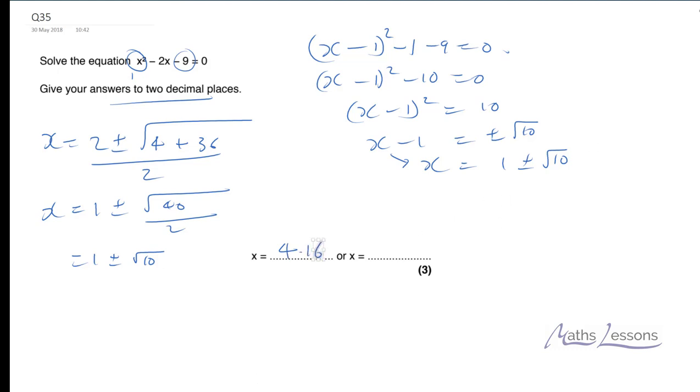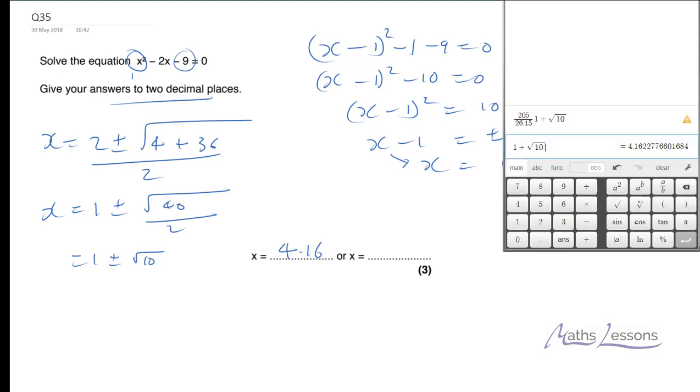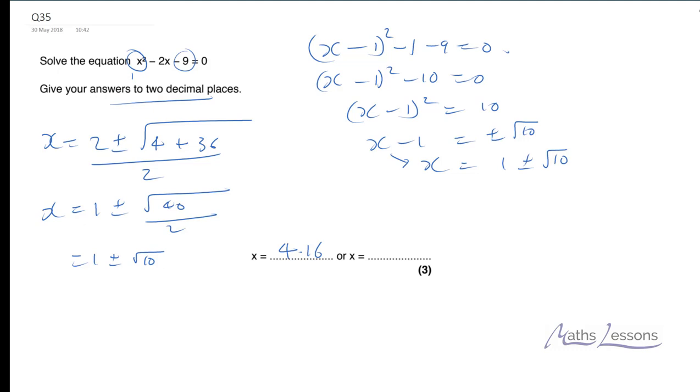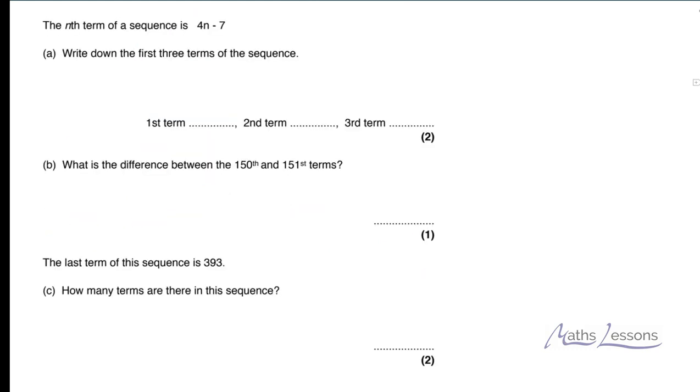And if we do that again, let's just go back here and change it to a minus. We get minus 2.16 for our other answer. Right, let's just carry on from there.